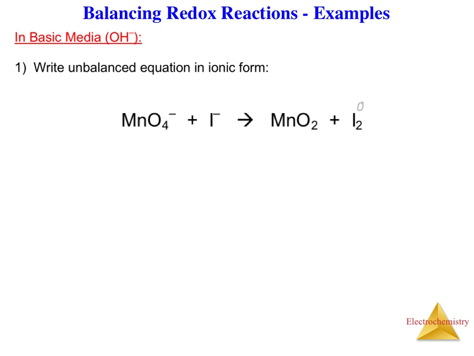So in this case, my iodine goes from I minus to I0. So each iodine is losing one electron. But I have two of them since I'm making I2, so I've got to multiply this by 2. So then I'm actually losing 2 electrons.